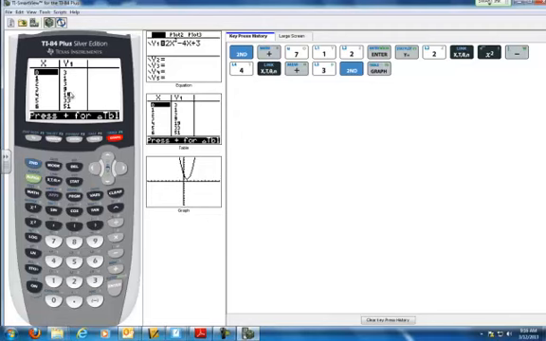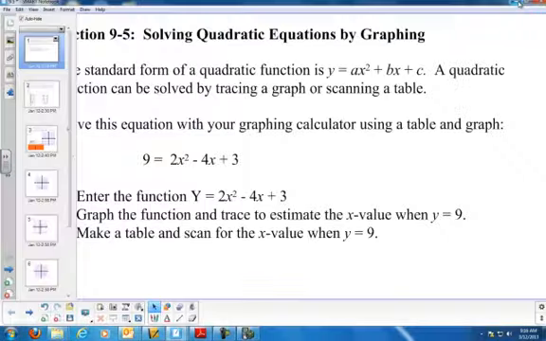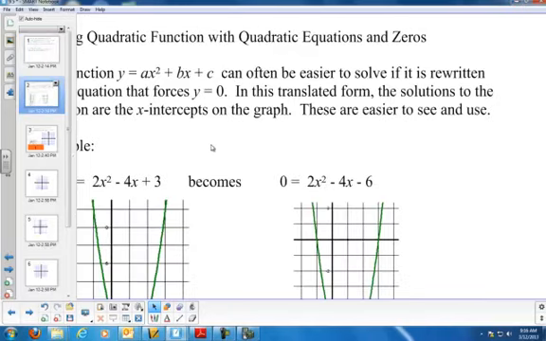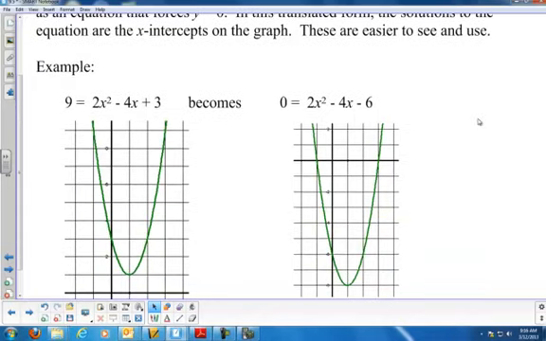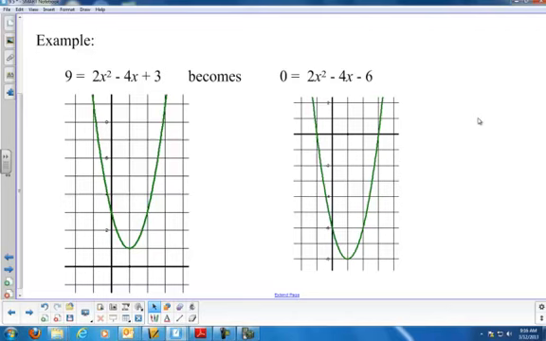So as you can see right here, 3 gives you 9, and then if you go back, -1 gives you 9. So we're going to use that data and graph right here. So I'll go ahead and make the table.